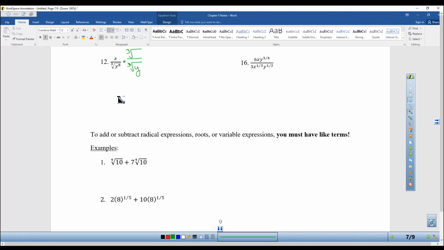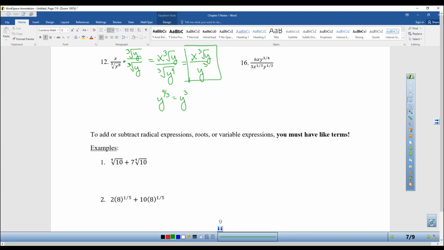I just need one more, because that would give me y to the 9th. So the cube root of y to the 9th, you can think about it as a fractional exponent, is going to give you y to the 3rd. So I have x cube roots of y over y to the 3rd.